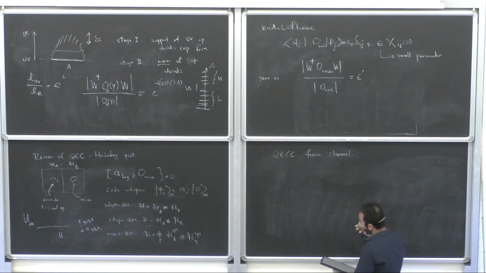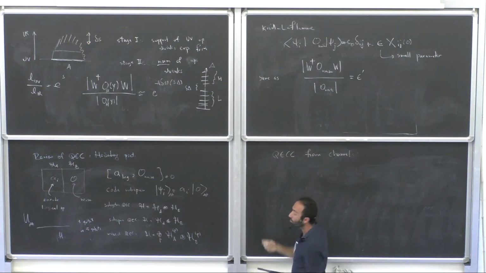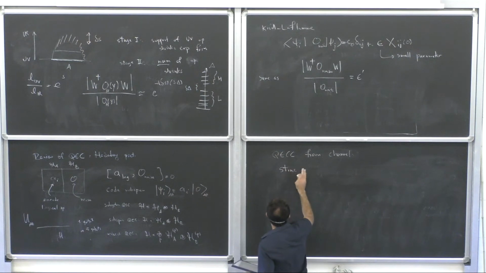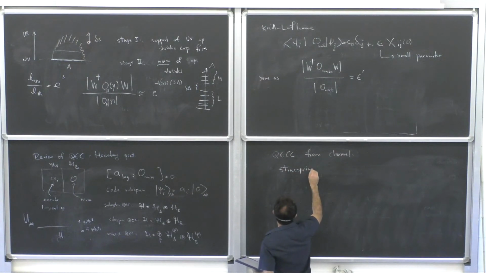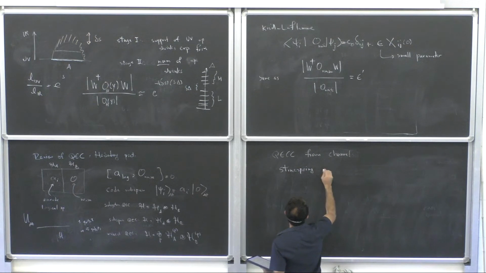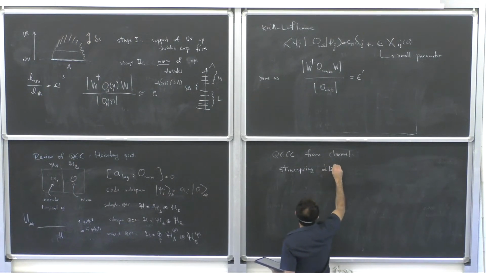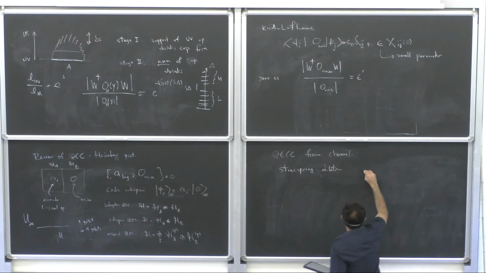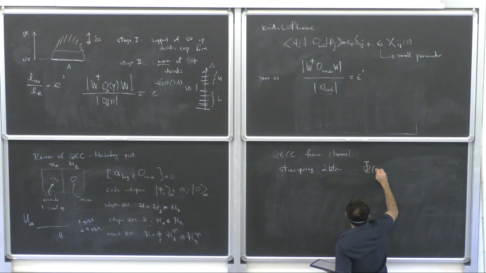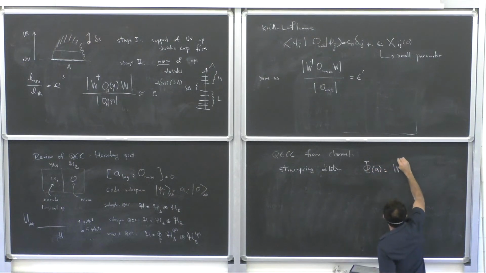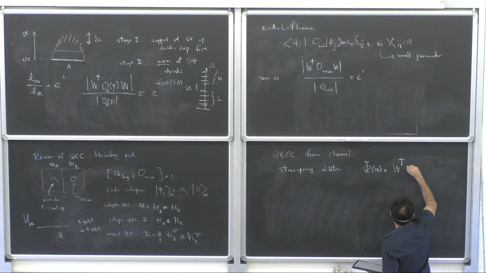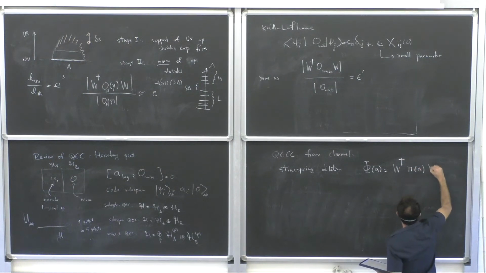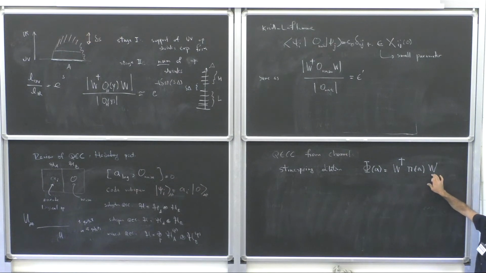Just to make that a little bit more precise, there is the so-called Stinespring dilation theorem that says any quantum channel phi of A can be written in the following form: pi of A W. These are the isometries I talked about.